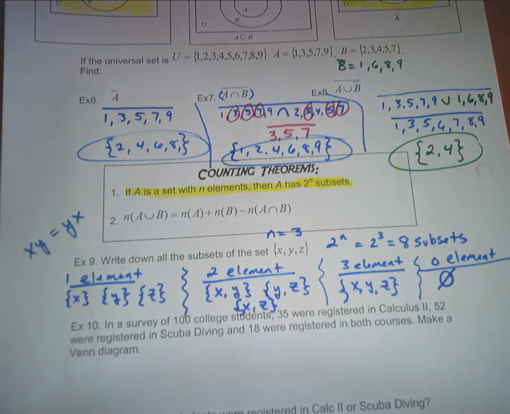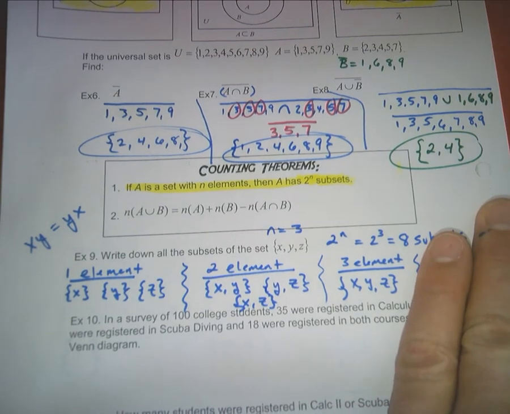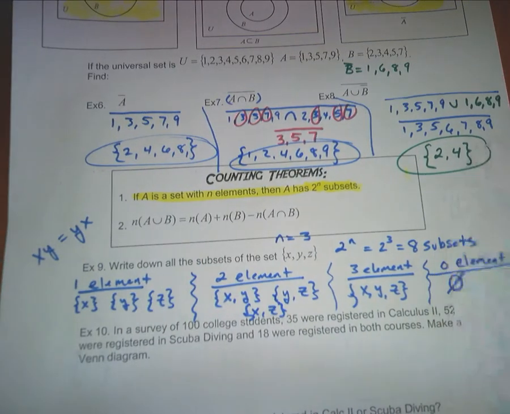Duncan, there's always a 0 element? There's always a 0 element, unless they say non-empty. If they say non-empty, then we don't include that one. Okay? This would be our empty set. If they don't want you to count that, you would remove that from the subsets.